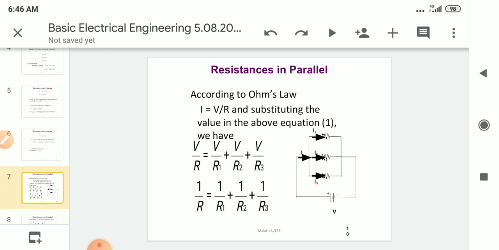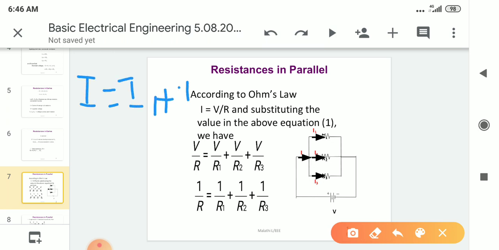According to Ohm's law, I is equal to V by R. Substitute this value. Then I is equal to I1 plus I2 plus I3. Substitute the values of I1, I2, I3. Then V by R1 plus V by R2 plus V by R3 is equal to V by R.